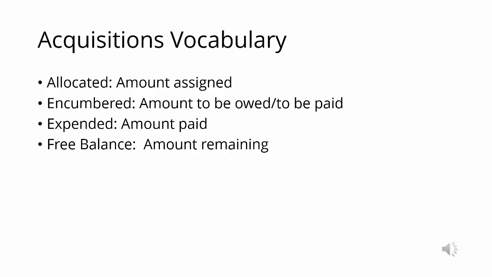For example, you encumber funds when you release a PO, but you don't actually pay for the materials until the items arrive and you pay the invoice. When you pay an invoice, you expend money from a fund. When you encumber and expend money, those amounts are deducted from the fund's free balance, or the dollar amount remaining and unspoken for.